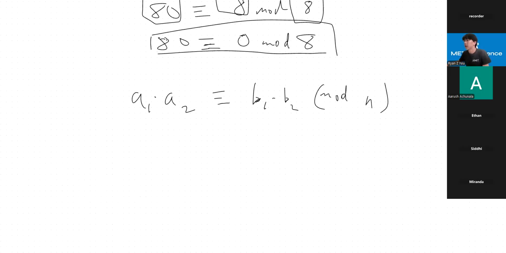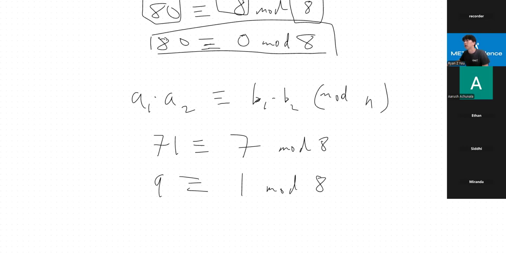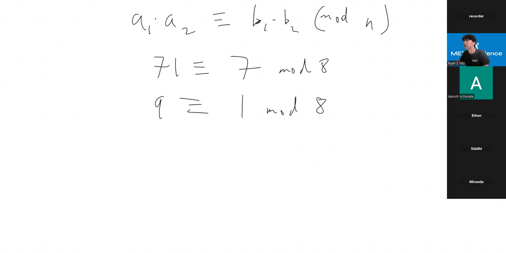We can use the same example, right? 71 equals 7 mod 8, and 9 equals 1 mod 8. And so we can multiply the two numbers together, and we should get 639, right? And this will be equal to 7 times 1 mod 8.